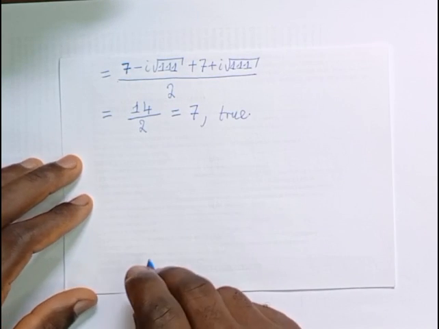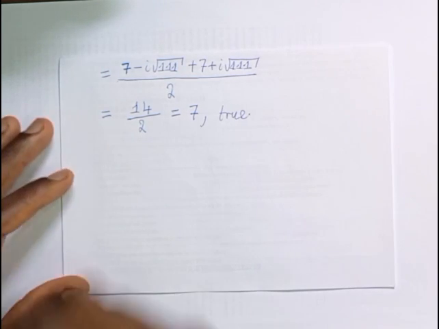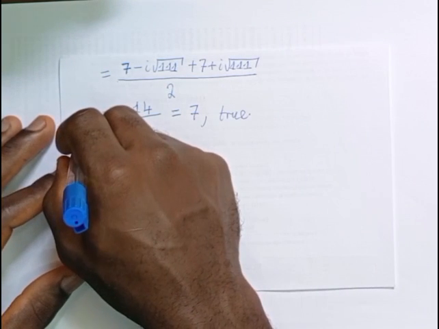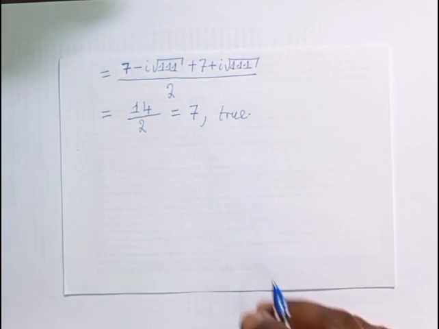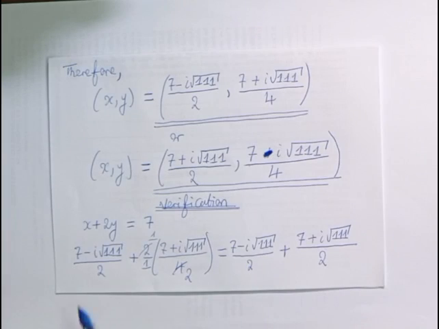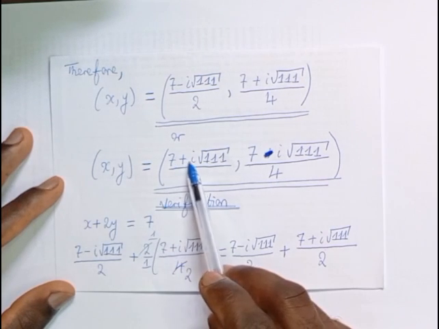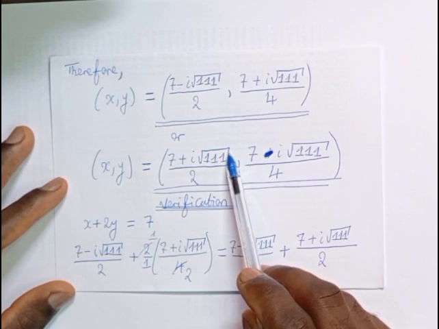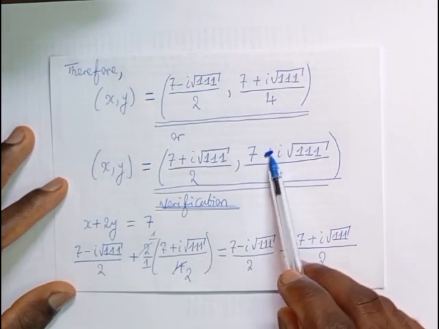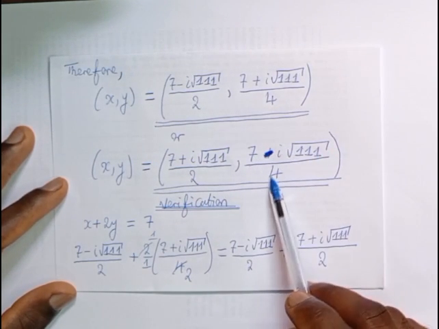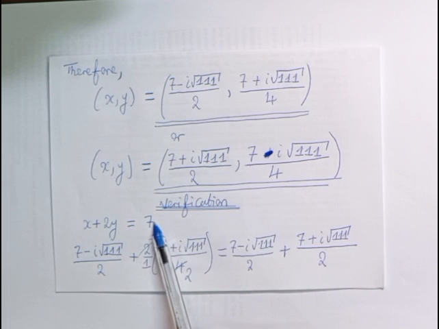Now let's verify the second solution. For the second solution, we have to insert the values of x and y in equation 1. That means we replace x with (7 plus i root 111) over 2 and y with (7 minus i root 111) all over 4. Then we simplify to see if we obtain 7.